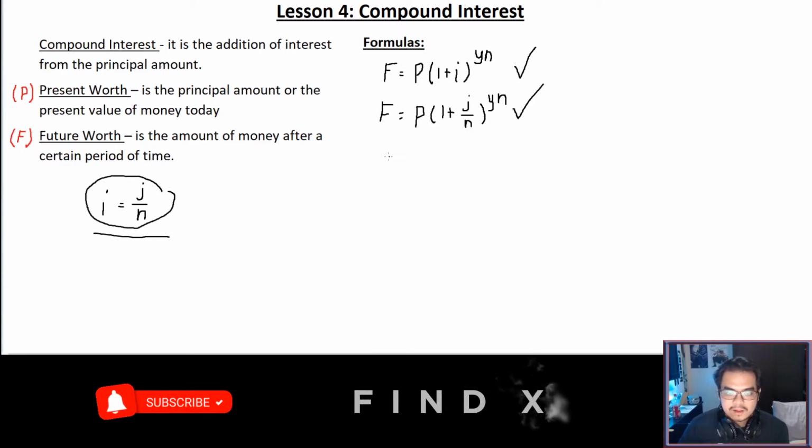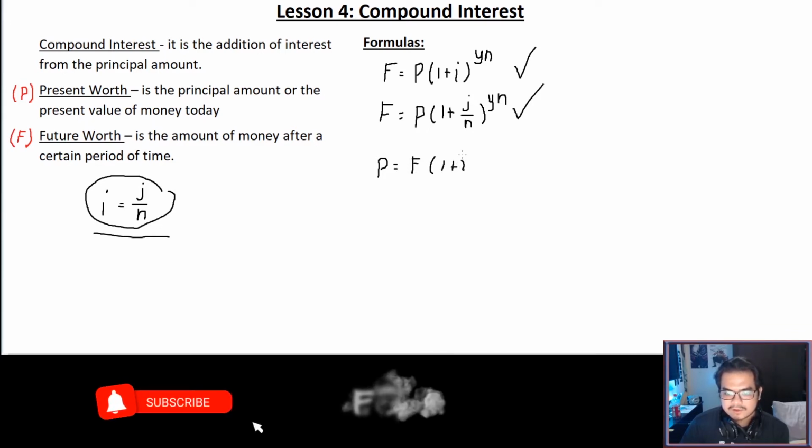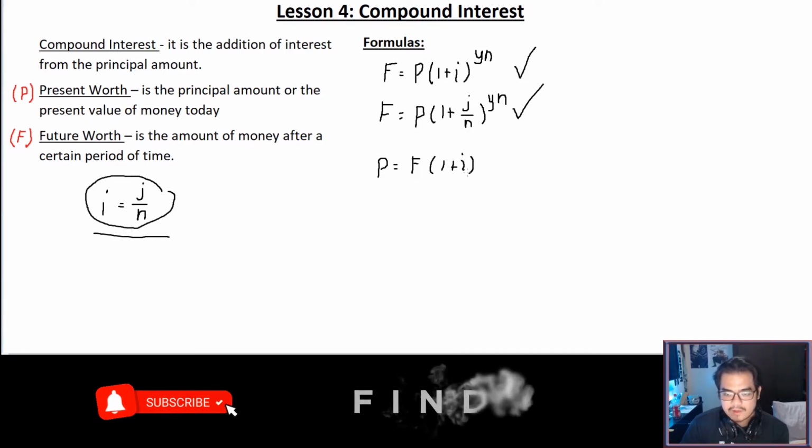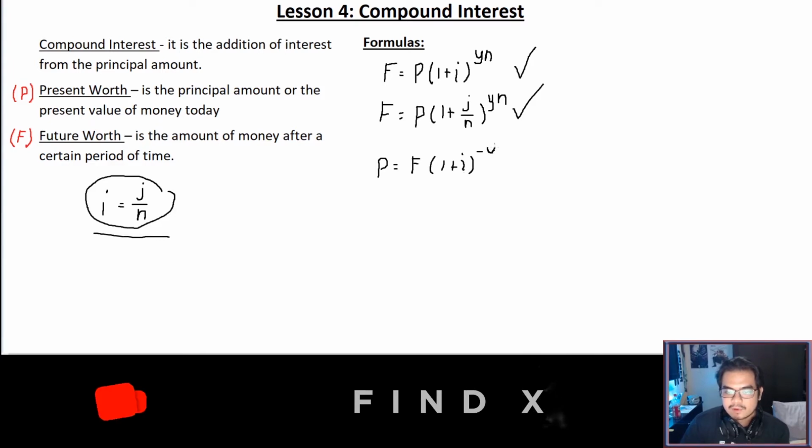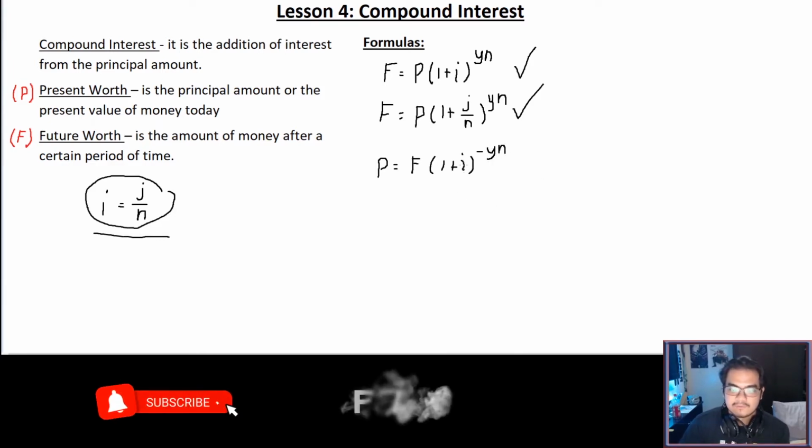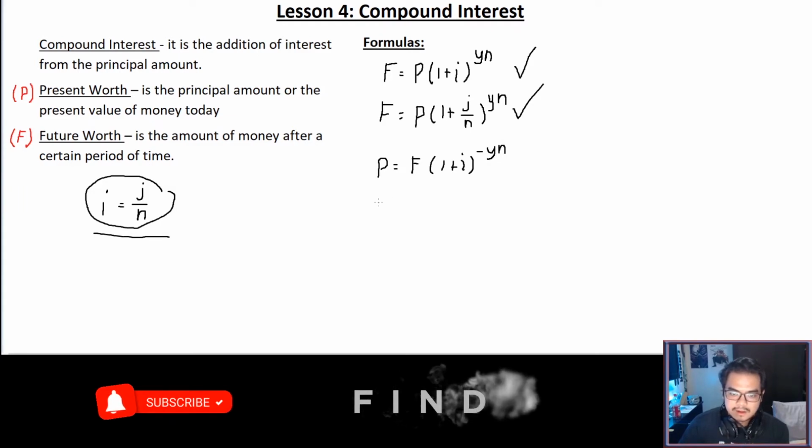If we want to find the value of P, all you have to do is isolate P instead of F. You have P equal to F times 1 plus i, which is almost the same. However, the only difference is the exponent must be negative, negative yn.